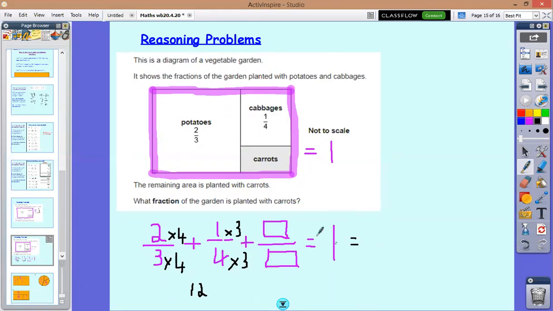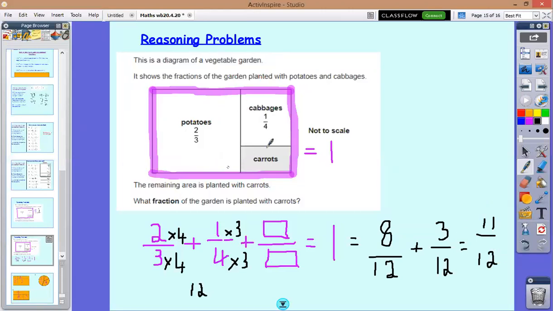So I'm going to rewrite my number sentence again, to show what it is with all the same denominators, which is going to be 8 over 12, add 3 over 12, which if I add this up equals 11 over 12.